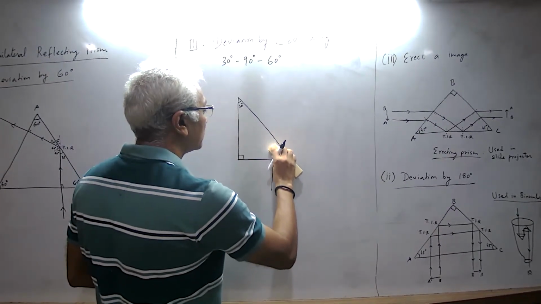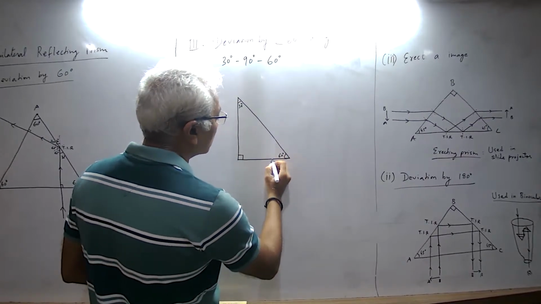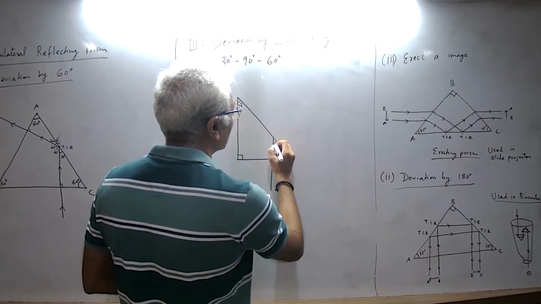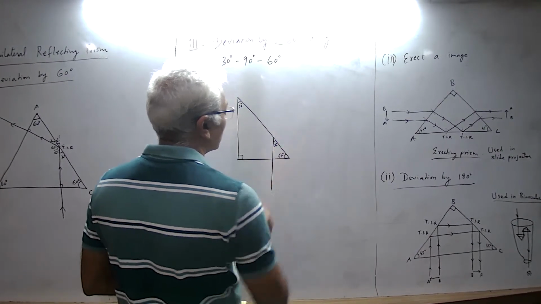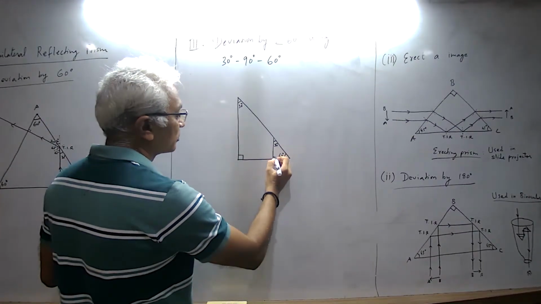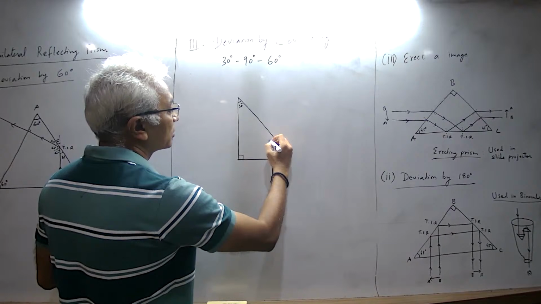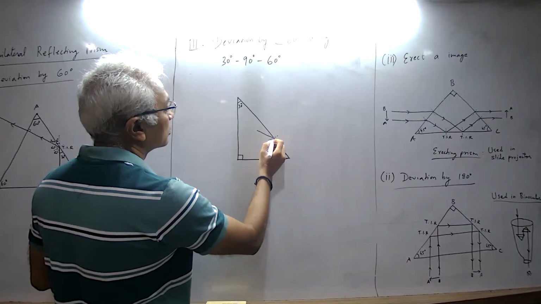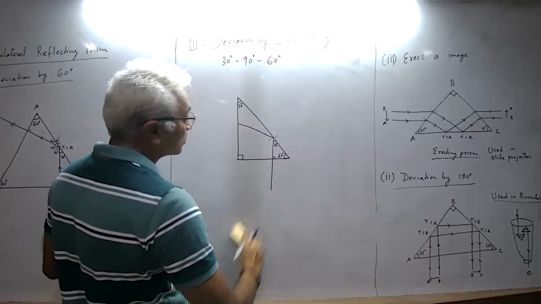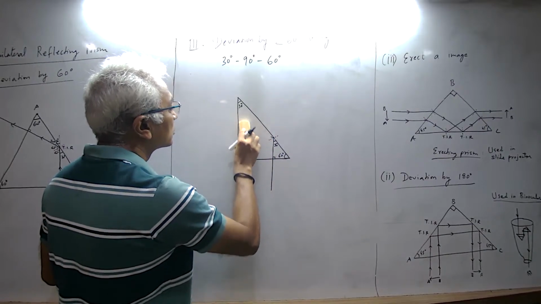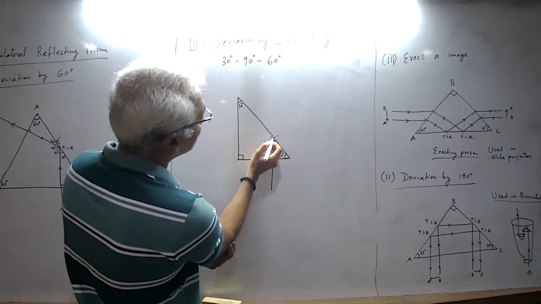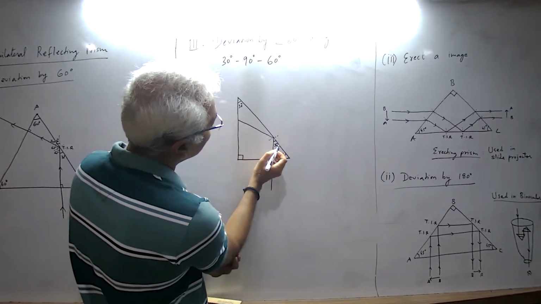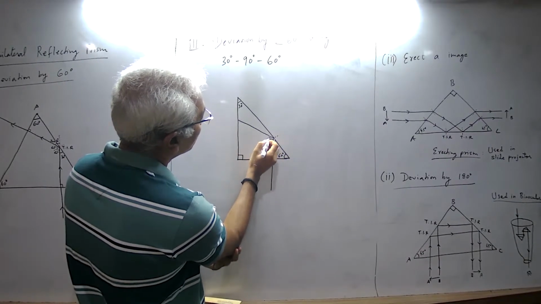Should be straight. So what happens? So obviously this will suffer TIR. Again, this is 60. This is also 60.